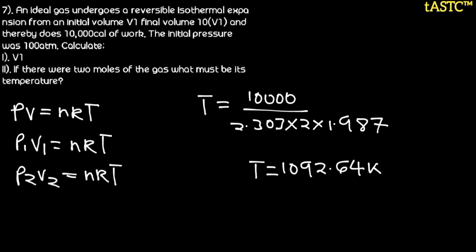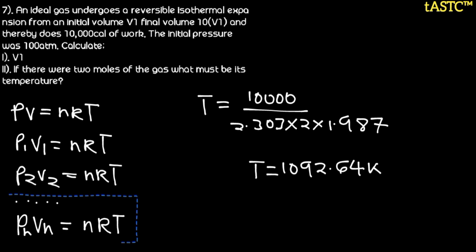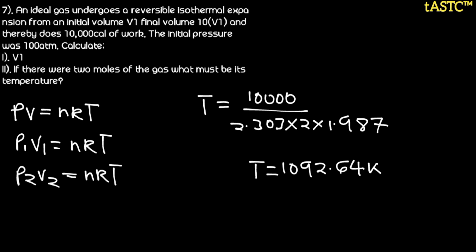That will be nRT. And if you go on, you're going to have that Pn Vn is equal to nRT, where n stands for any natural number, because in this case we're keeping T constant. So we actually don't need this equation. We're going to make use of this one.